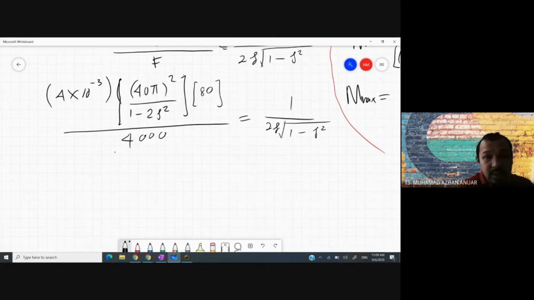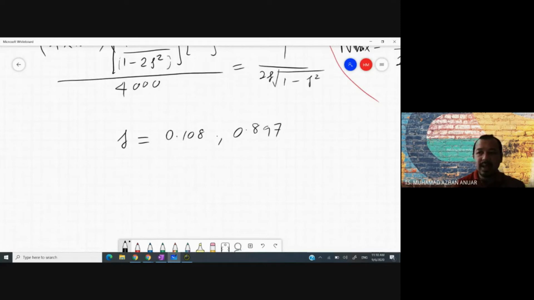These terms, this equation here, you can bring it down here, and then you solve the numerator part with the denominator part, and solve for zeta. You should get zeta is equal to 0.128, or, because this is a quadratic equation, 2 zeta is equal to 0.897.